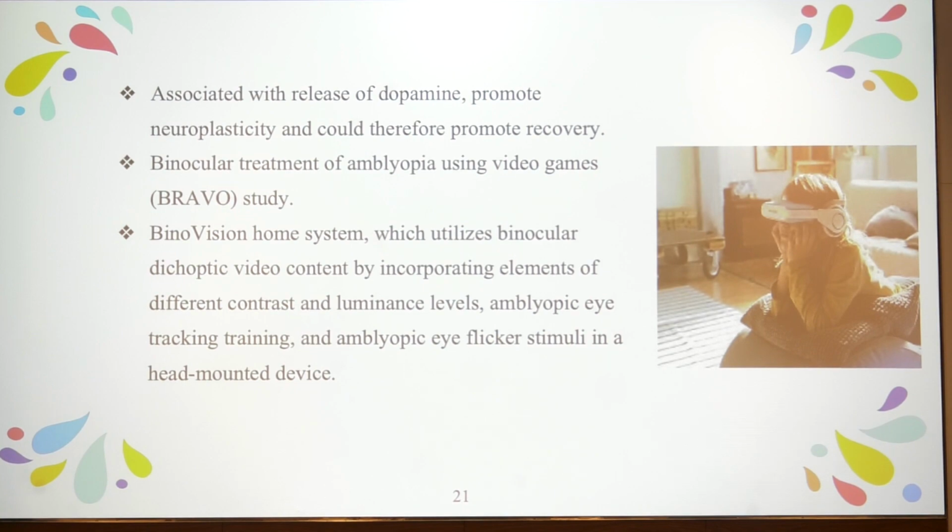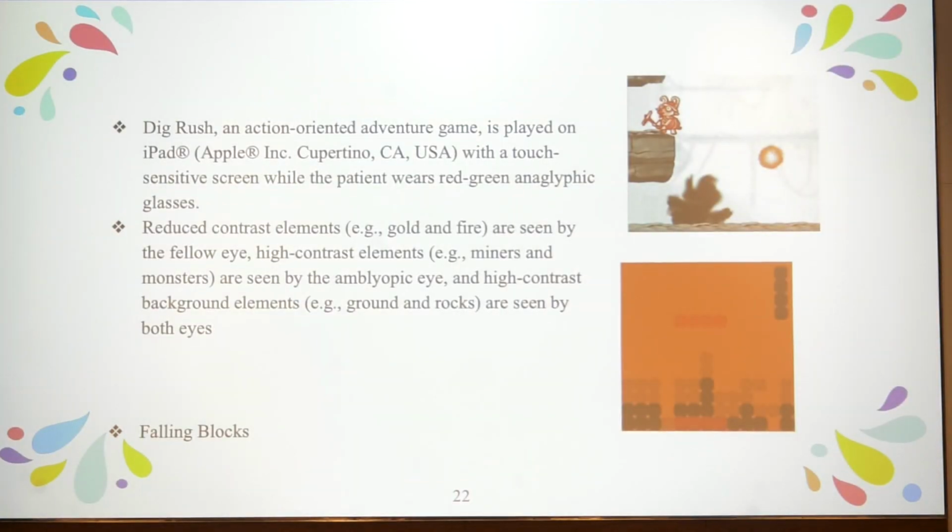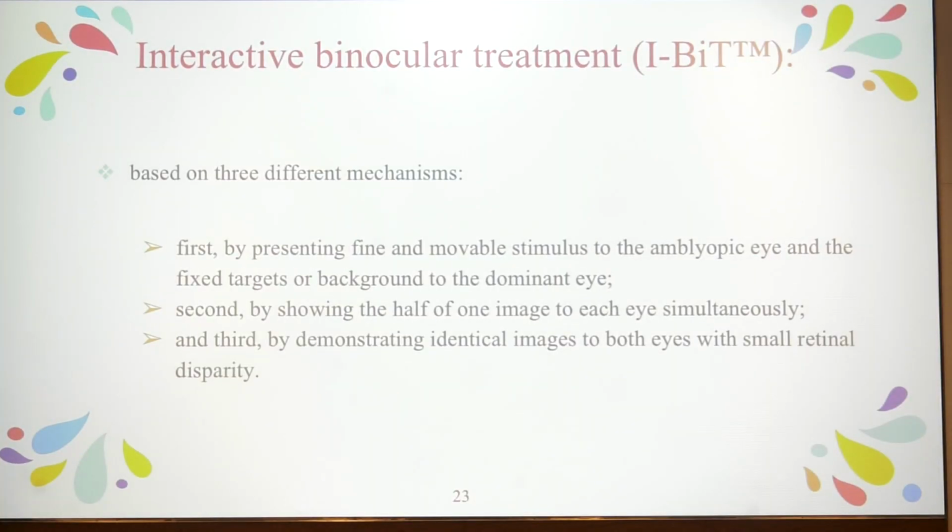These video games are associated with the release of dopamine. They promote neuroplasticity, and they promote binocular viewing. So the binocular treatment of amblyopia study using video games, the Bravo study, also talks about use of video games in amblyopia therapy. Dig Rush and Falling Blocks are few of these video games which are used in amblyopia therapy.